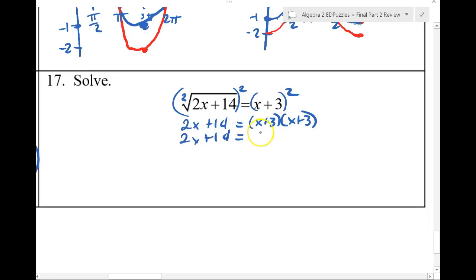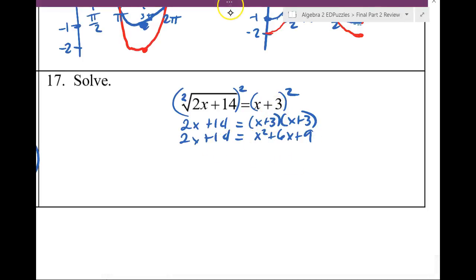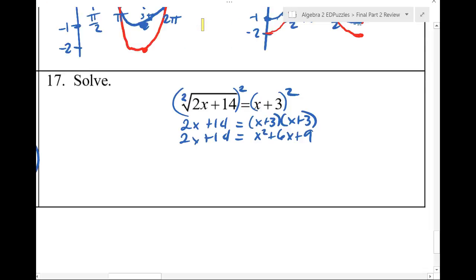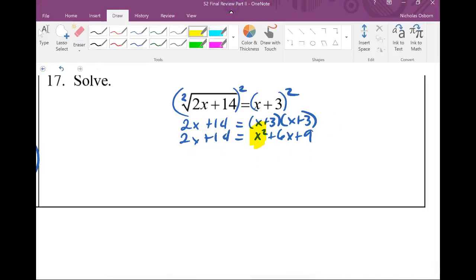We have to FOIL that, so we get x squared. And then remember we add the two terms in the middle, 3 and 3, so 3 plus 3 is 6, and then multiply the last two, 9. Now, if you see an x squared or y squared when you solve equations, you need to move everything over to one side, because you're going to have to factor to find your answer.